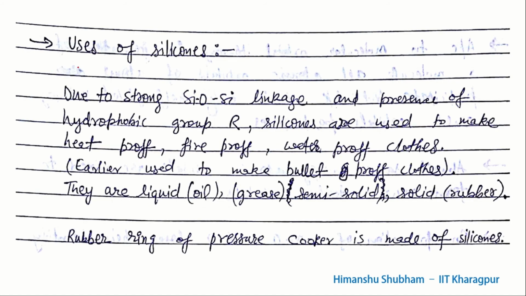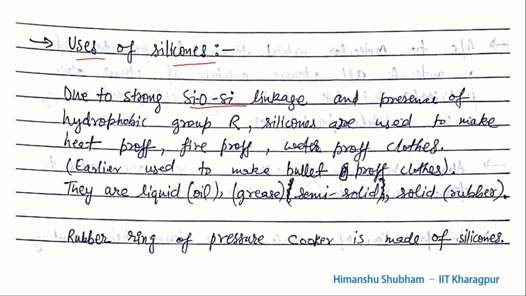Now before concluding this topic on silicones, let us look into some of the uses of silicones. Due to the strong Si-O-Si linkage of silicones, they are used to make substances which can persist under extreme situations like high temperature or pressure.